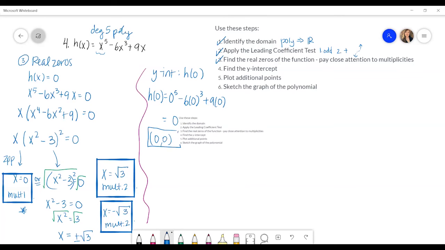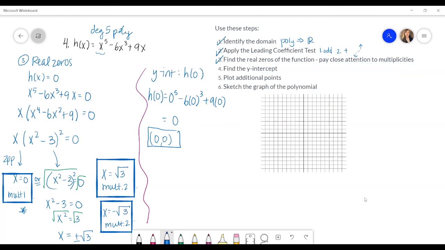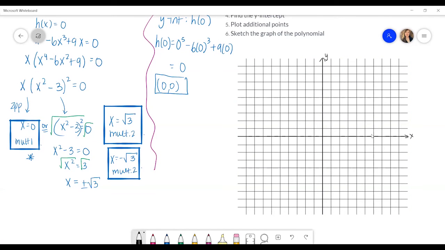So if we lay out now our axes, I'm going to plot the points we've already got. So we already have 0, 0, right? Now, as far as plus or minus square root 3, we are going to have to use an approximation.